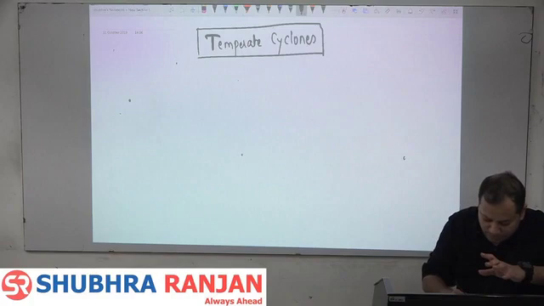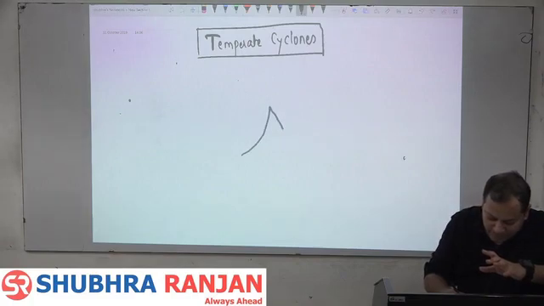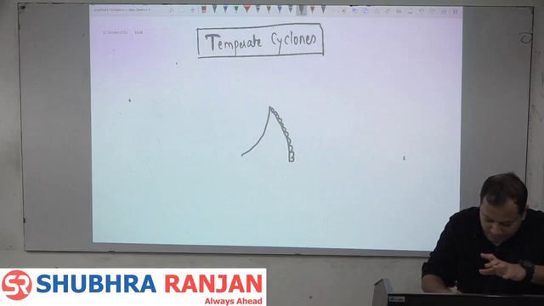So can I say this region is a temperate cyclone? This is the warm front, right? And this is a cold front. In the warm front and the cold front, the warm air is trapped inside. This is the region from where the warm air is blowing.